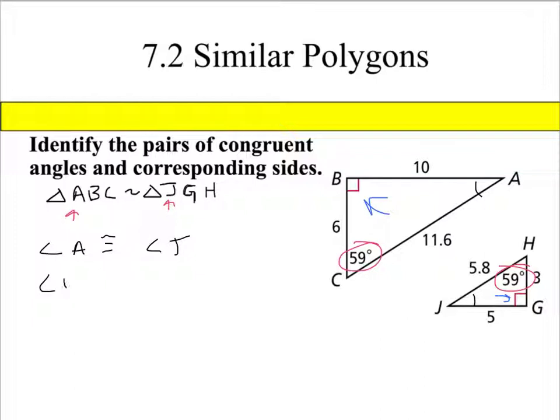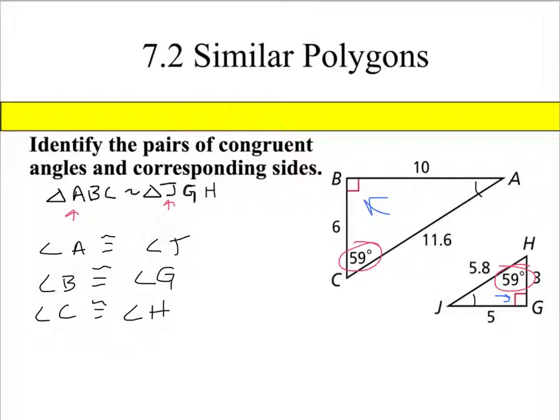Angle B is going to be congruent to angle G because they are both 90-degree angles. And angle C is going to be congruent to angle H, because they're both 59 degrees. So we know that congruent angles part of it.